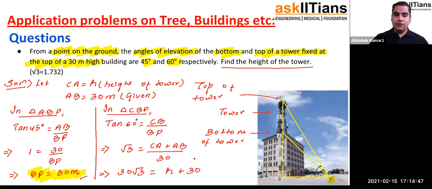CA is h, AB is 30. Clear? Now we have to find out h. So we can transpose this 30 to the left hand side. So what will you get? You will get h is equal to 30 root 3 minus 30 meters.